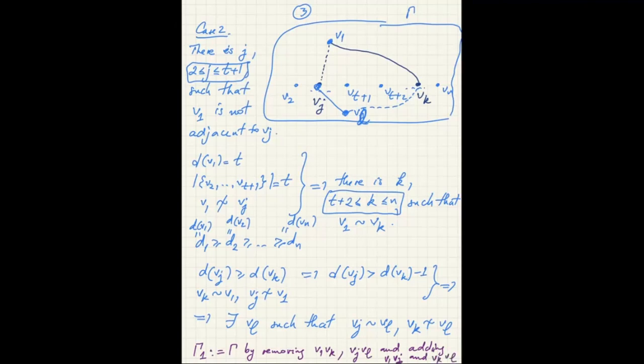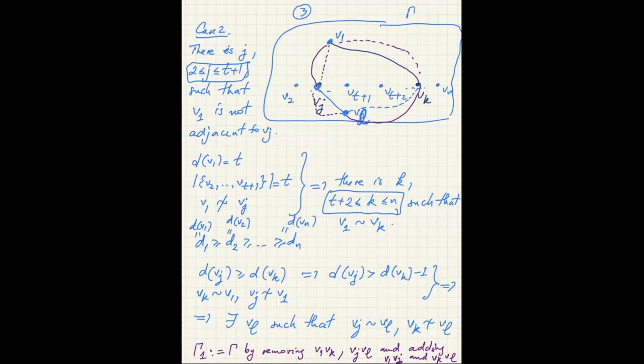I'll draw the edges that appear now in purple. So I add this edge V1Vj, and I add this edge VLVk, and I delete this edge V1Vk, and I delete this edge VjVL. By this procedure, this is a two switch. We switch two edges with two non-edges.